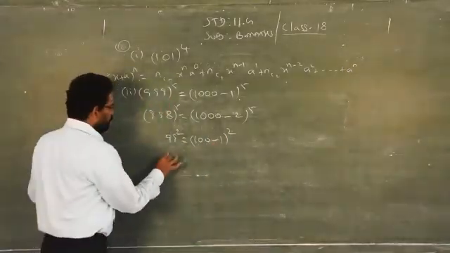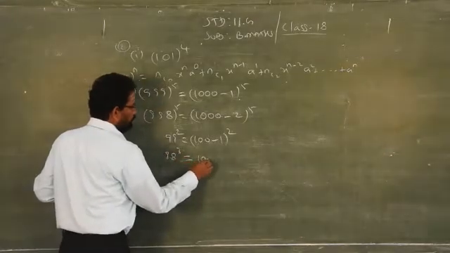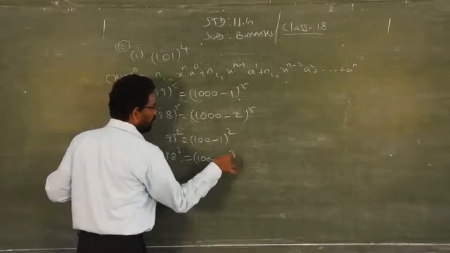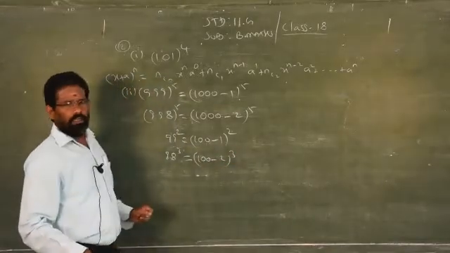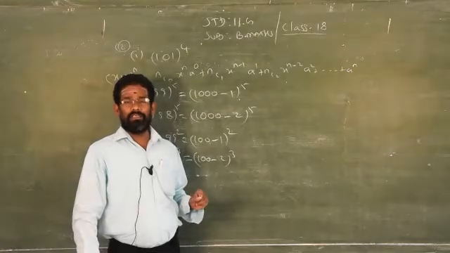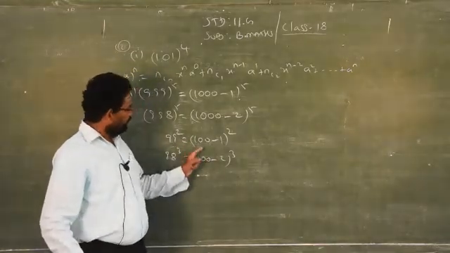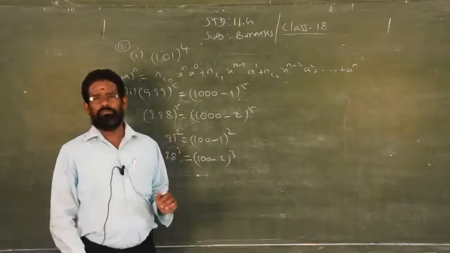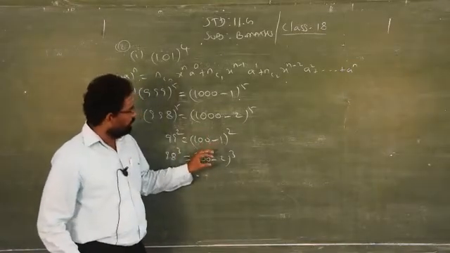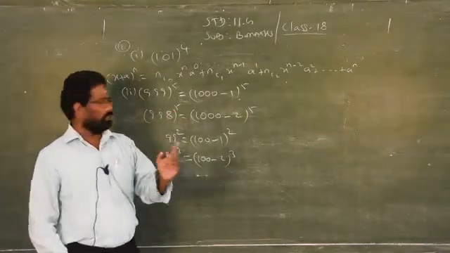Even for power cube also, 100 minus 2 power 3, you know what is a minus b the whole cube. Those identities you memorized in 8th standard, you apply those identities straight away, a by 100, b by 1. The same concept you can apply, but what is the power? 5. You cannot apply that. This is binomial.